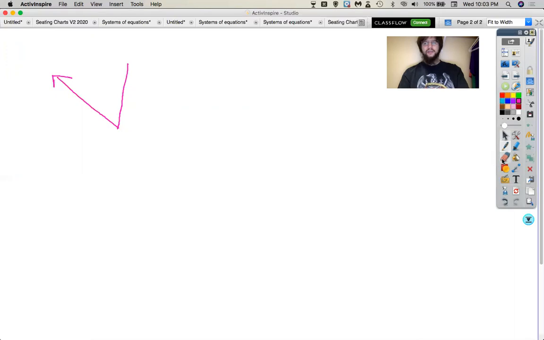That's still too steep. Let me change that so I can actually draw the next part. And then it's going to do something like that. Not straight up and down, but whatever. You get what I'm saying? Hopefully you get what I'm saying. Something like that. So that's what this will look like.